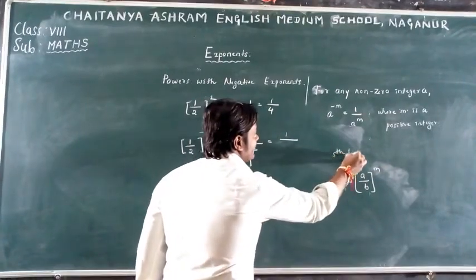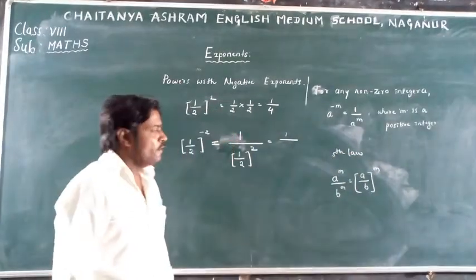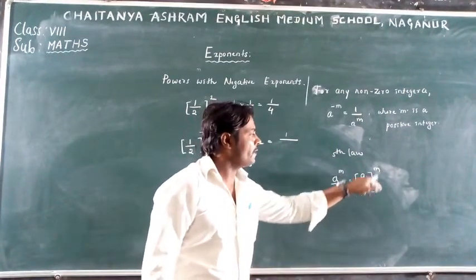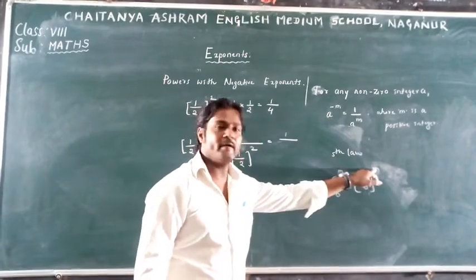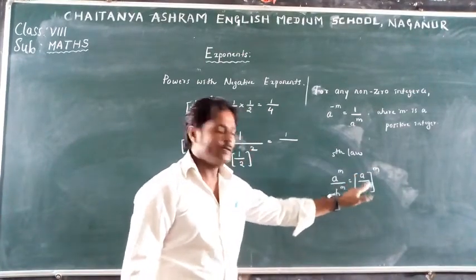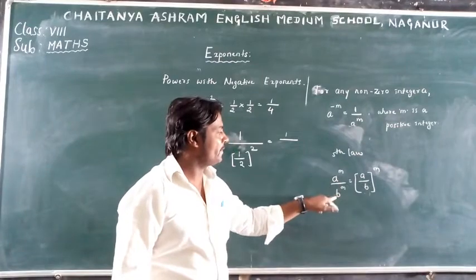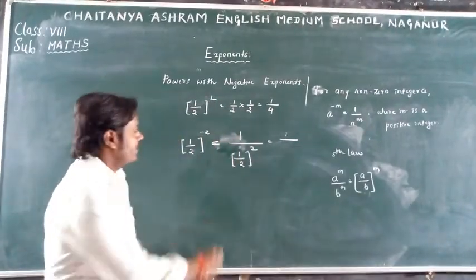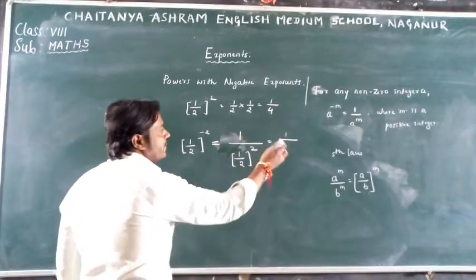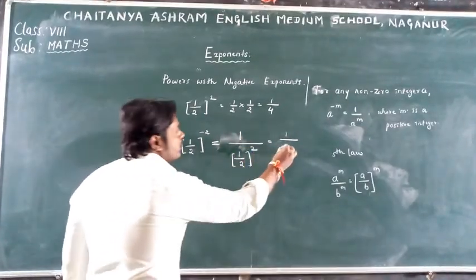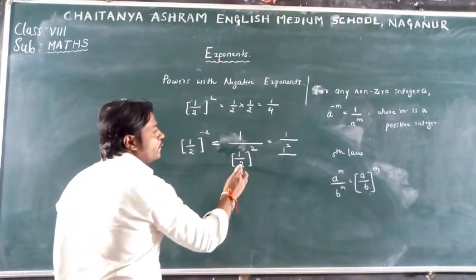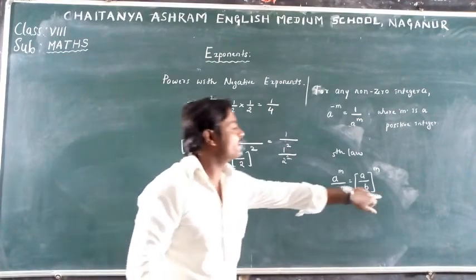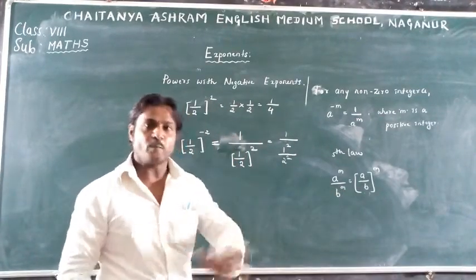So consider the reverse process: a by b whole to the power m is the same as a raised to m divided by b raised to m, since m relates to both a and b. Use this reverse process of the fifth law: 1 divided by 1 raised to 2 divided by 2 raised to 2.